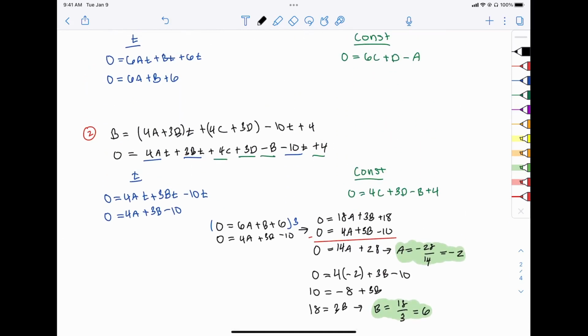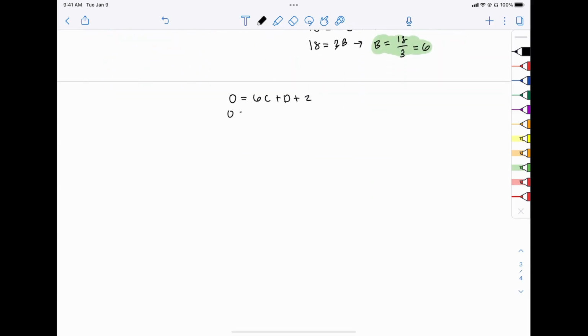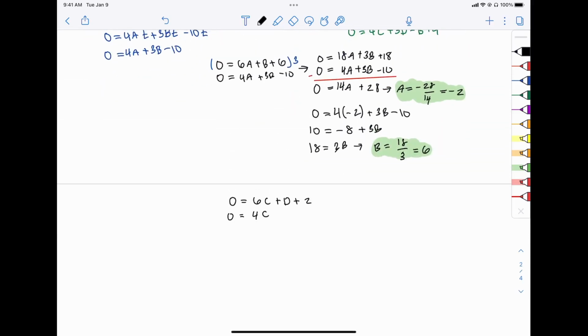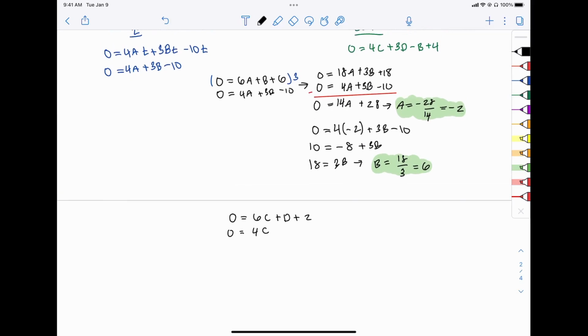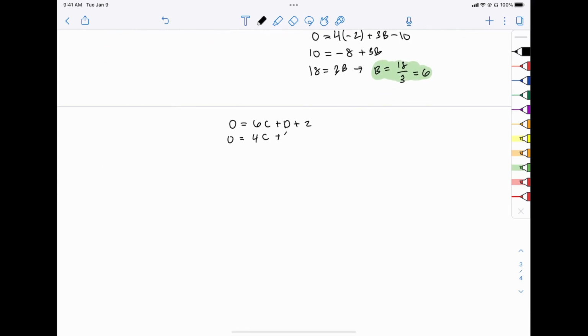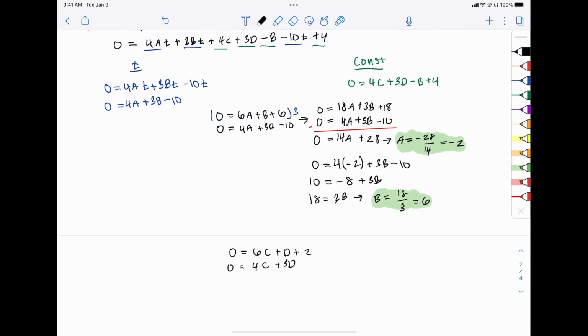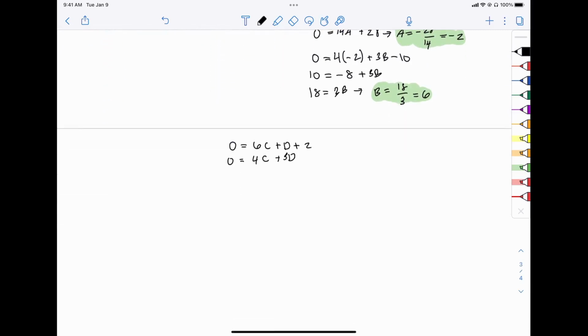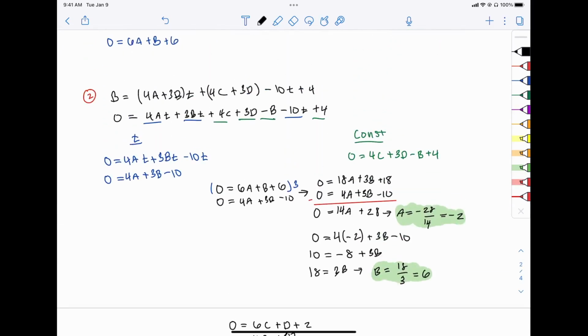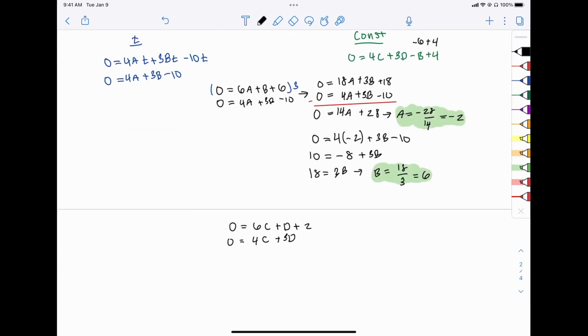Then our second one is 0 equals 4c plus 3d minus b, that's going to be minus 6. So then we would have minus 6 plus 4, which is negative 2.